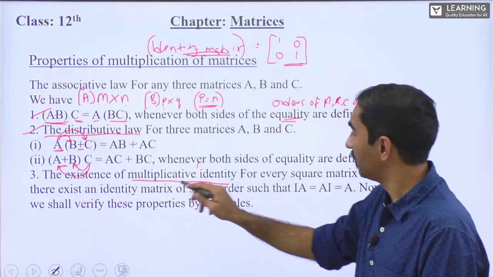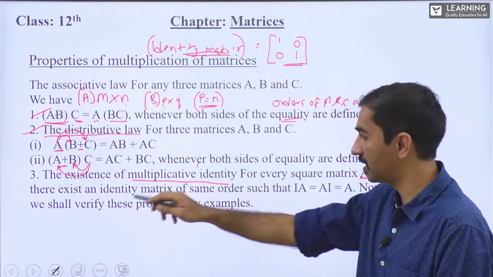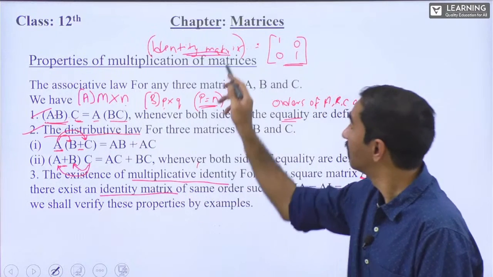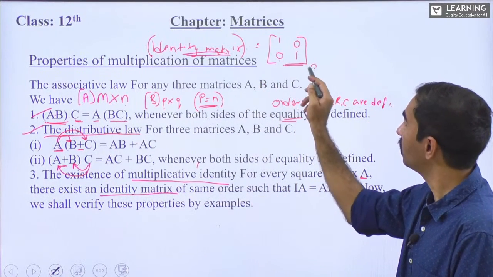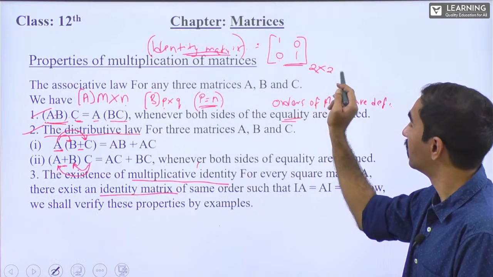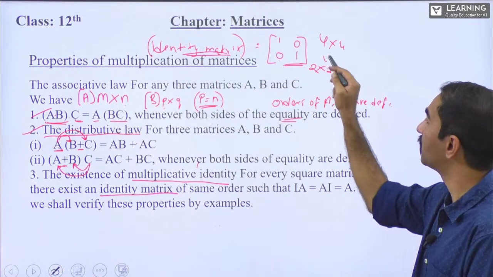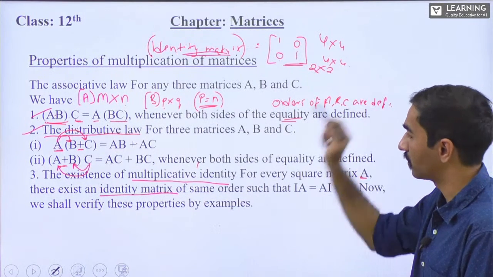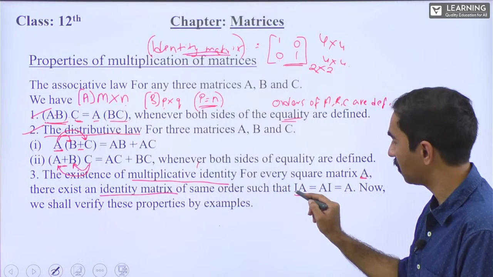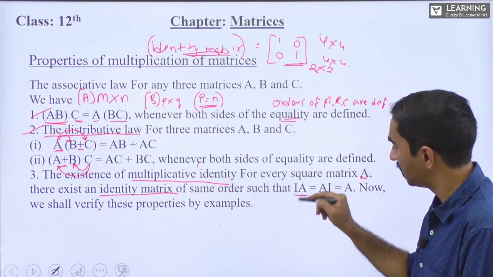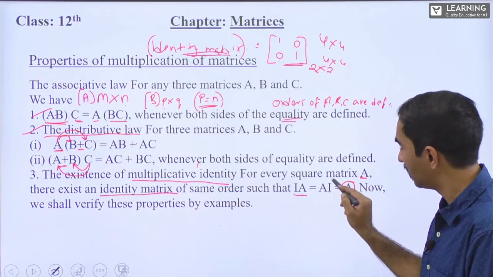The existence of multiplicative identity: for every square matrix A, there exists an identity matrix of the same order. So if A is 2 cross 2, the identity matrix is also 2 cross 2. If A is 4 cross 4, the identity matrix must also be of order 4 cross 4, such that IA, the multiplication of identity with A, is equal to AI, which is equal to A. Very similar, students.